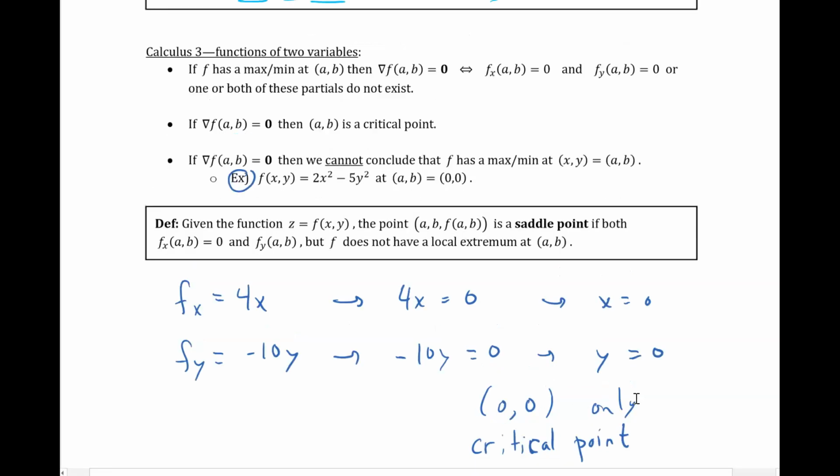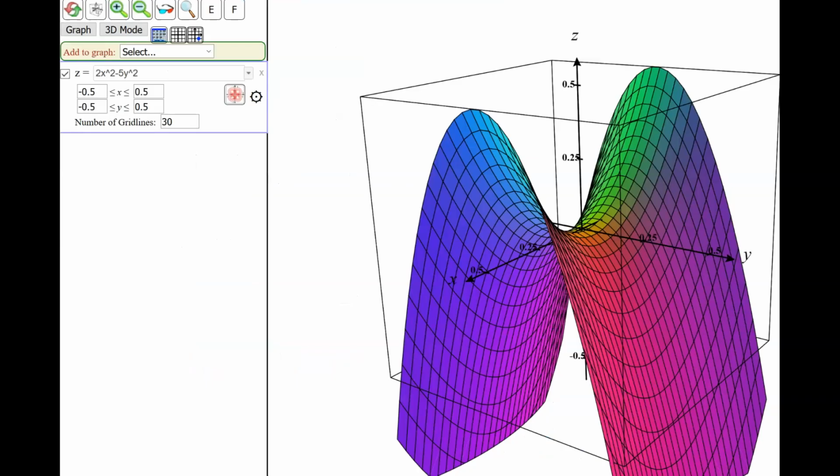So let's take a look at that graph. I've got this plotted using Paul Seeberger's CalcPlot 3D app. Here's the graph, and here's the origin, and we can see this is not a local minimum or a local maximum. If we go in certain directions, we go up from the origin, but in other directions we go down.